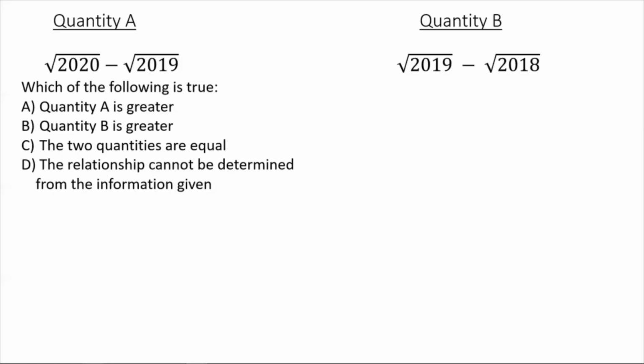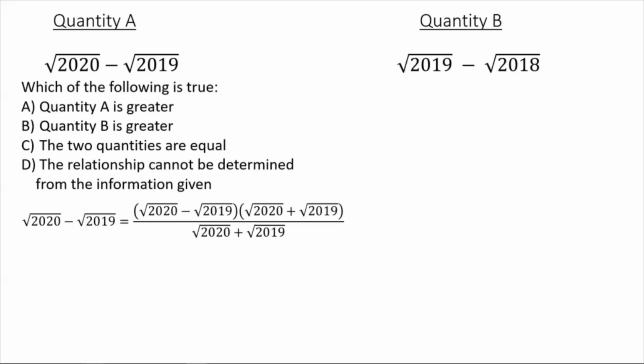Whenever you are dealing with surds, especially quadratic surds like this, one thing to always consider is whether you can multiply by the conjugate and at least rationalize some portion of the expression you're given. So let's try to do that.